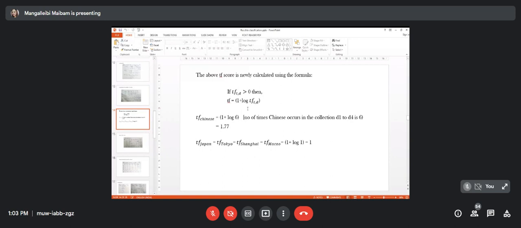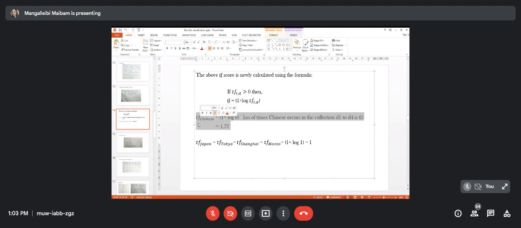If the term frequency is greater than 0, we calculate the new TF score as 1 plus log of term frequency. So for Chinese, from document 1 to D4, it occurs 6 times, so log 6 is calculated here. Similarly, for Japan, Tokyo, Shanghai, Macau, it is calculated and we got 1.